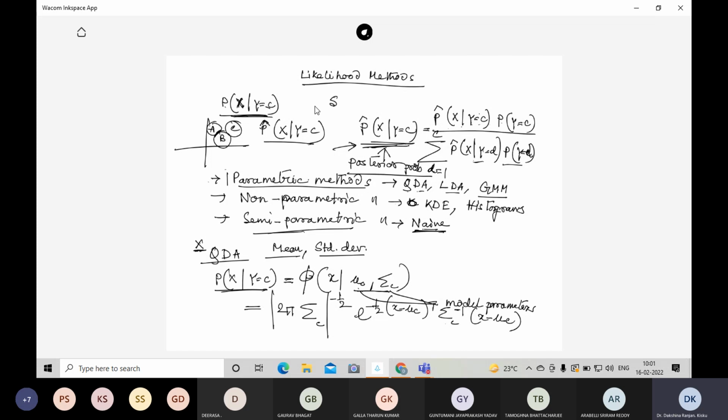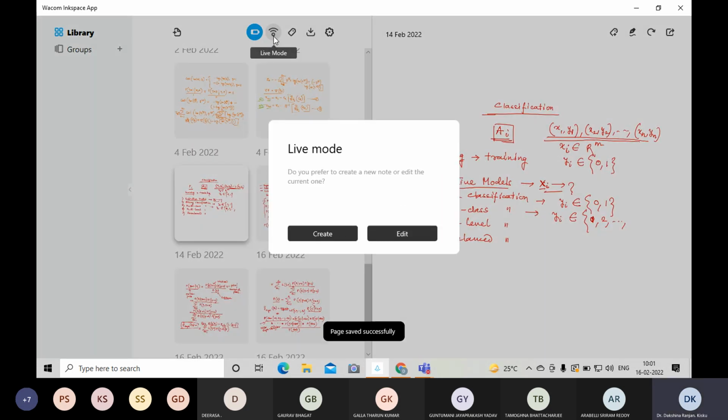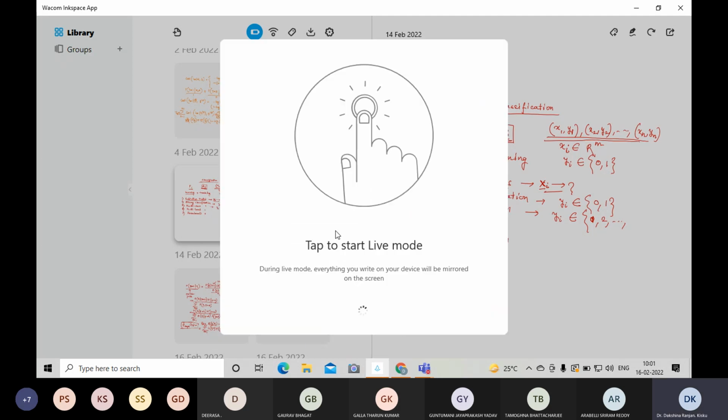But here in the parametric method, we will try to estimate the maximum likelihood in terms of the model parameters mu and sigma c. So here we are trying to get the maximum likelihood.